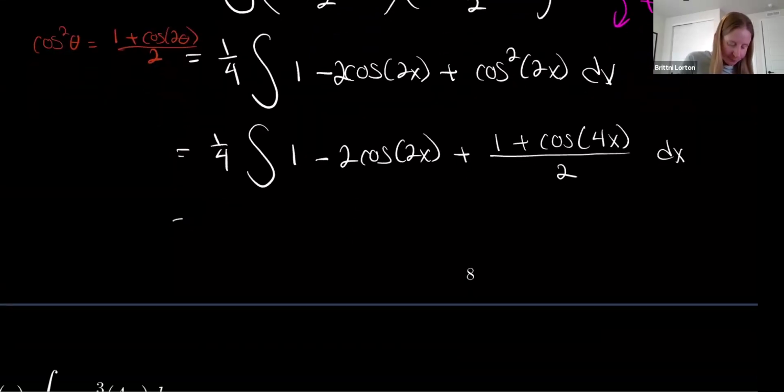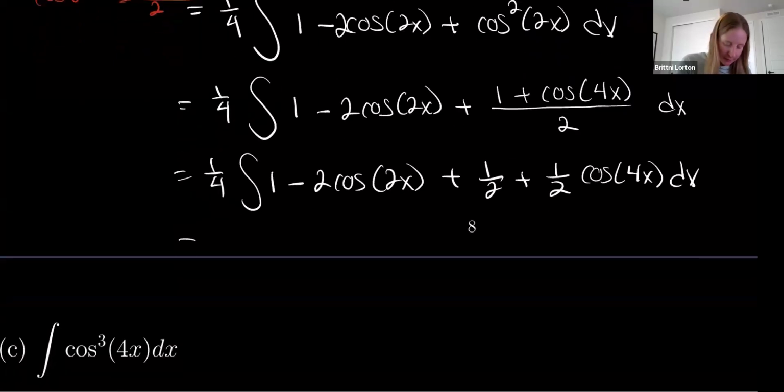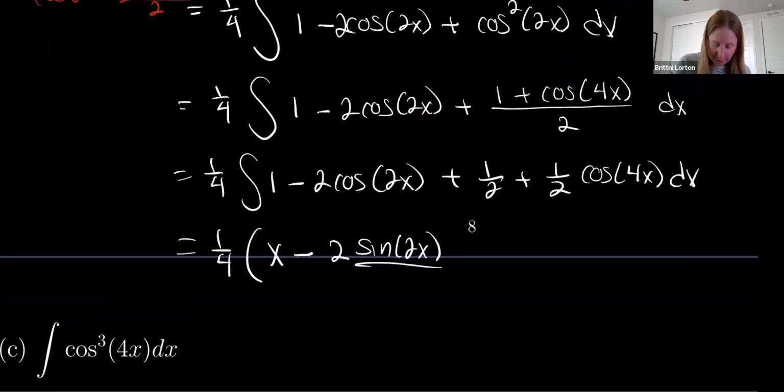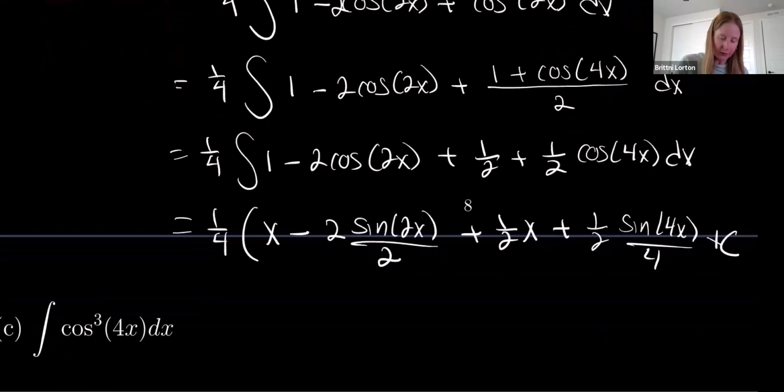So this will become 1/4 the integral of 1 minus 2 cosine of 2x plus 1/2 plus 1/2 cosine of 4x, and then you do the antiderivative from there. So 1/4 times x minus 2, the antiderivative of cosine is sine. Don't forget to divide by the constant multiple: 1/2 x plus 1/2 sine of 4x divided by 4 plus c, of course, in this case.